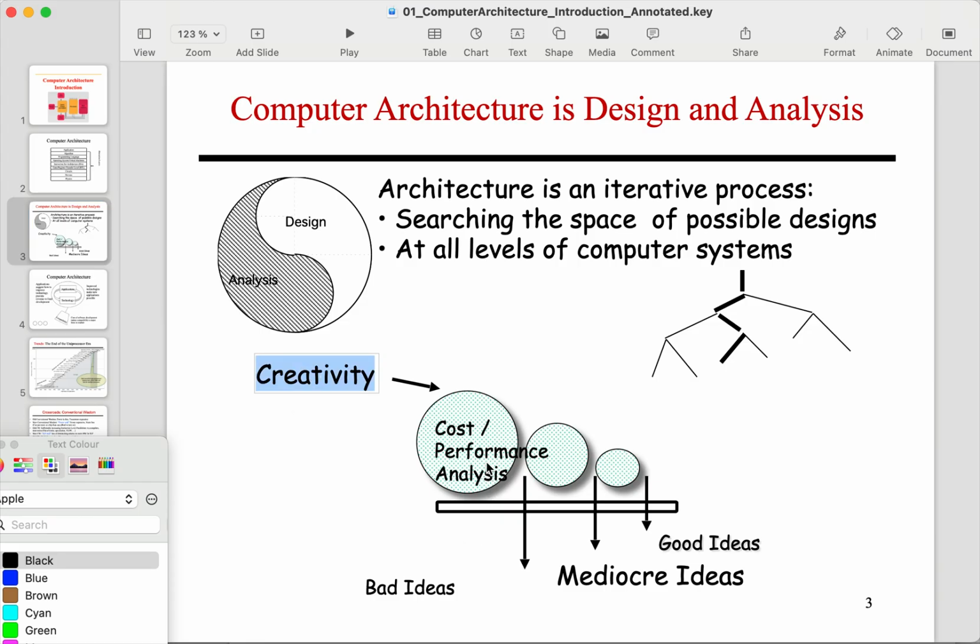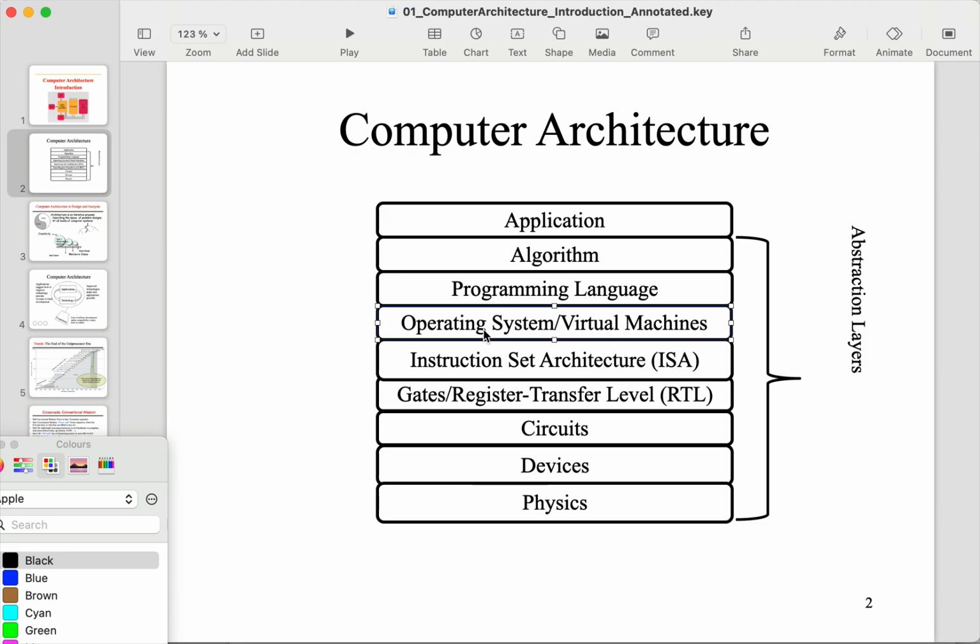After that, we of course need to take into consideration what it will cost us to implement this new creation of ours, and do some performance analysis. Is it running properly? Why are we creating this new operating system? Is it any better than the previous operating system? Is it faster? Is it cheaper? Is it performing better?